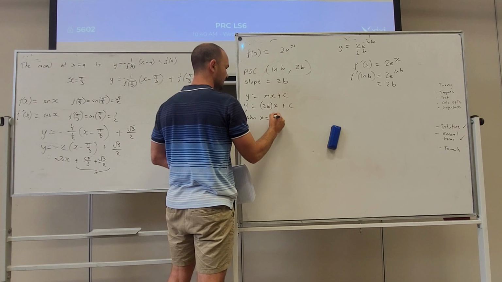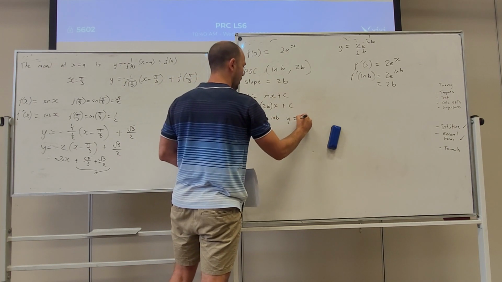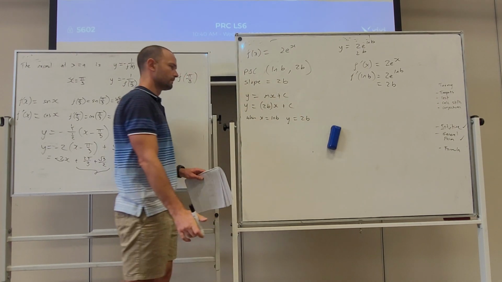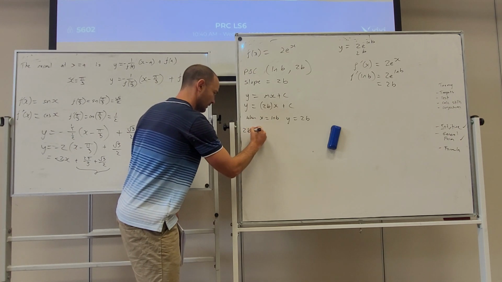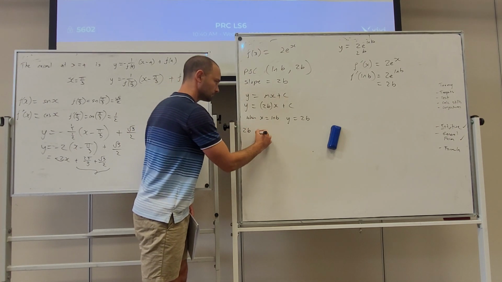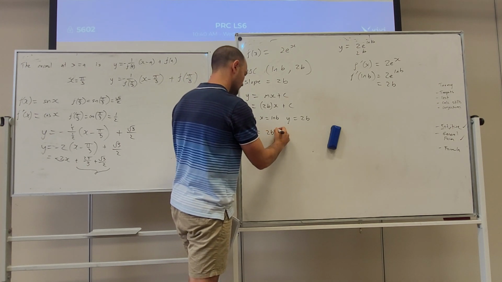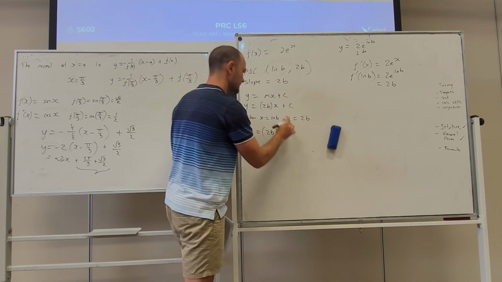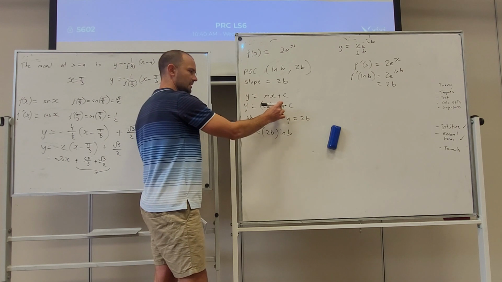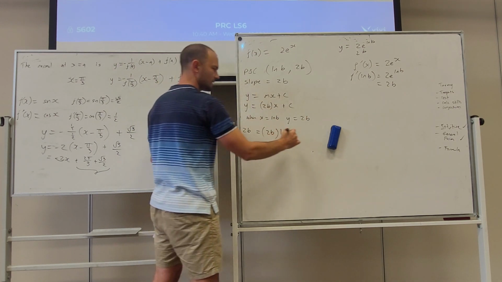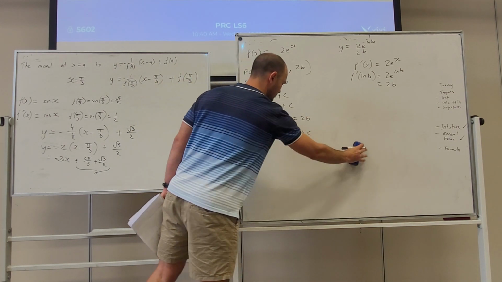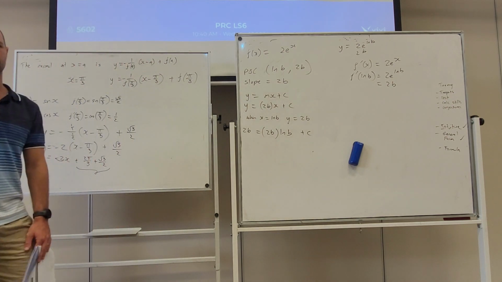When x is ln b, y is 2b. So we'll put 2b where the y is, and ln b where the x is, and this plus c, that's exactly what we're trying to find.